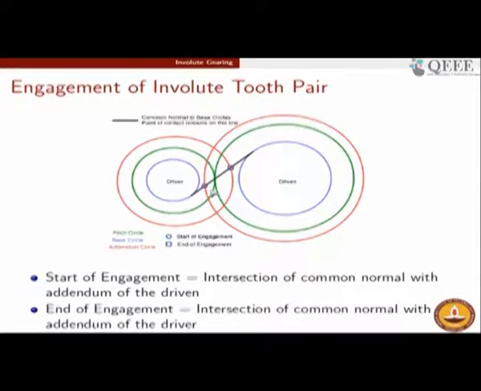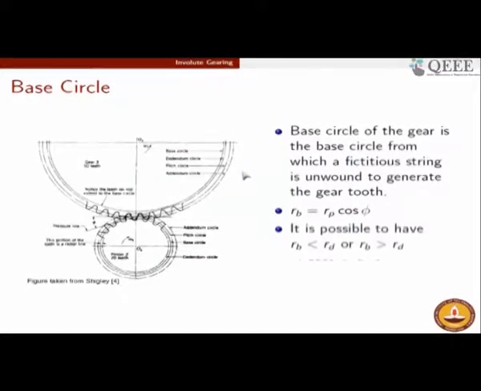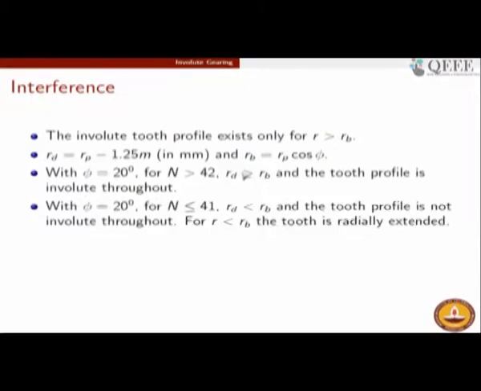Then the engagement will start, and similarly engagement will stop when the driver addendum circle intersects with this common internal tangent. So we'll return back to this picture now as we study contact ratio.